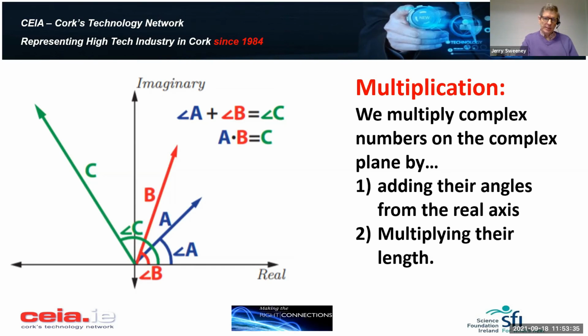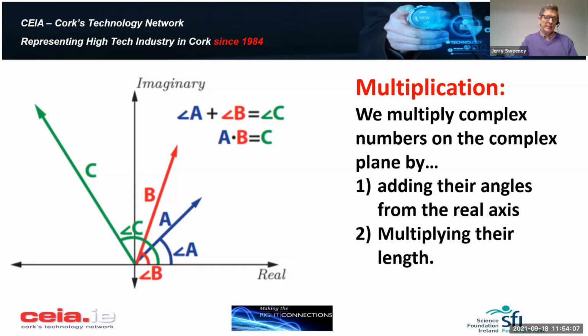So what we did earlier was we took two complex numbers and we multiplied them out using that FOIL technique, and we ended up with a new complex number. What is fascinating here is that when we go to represent that geometrically, it turns out that what we do is we add the angles of the two complex numbers.